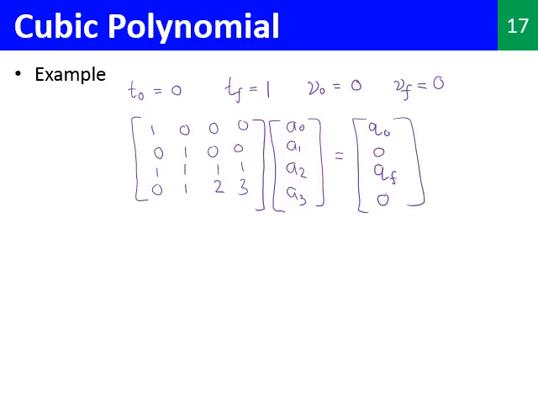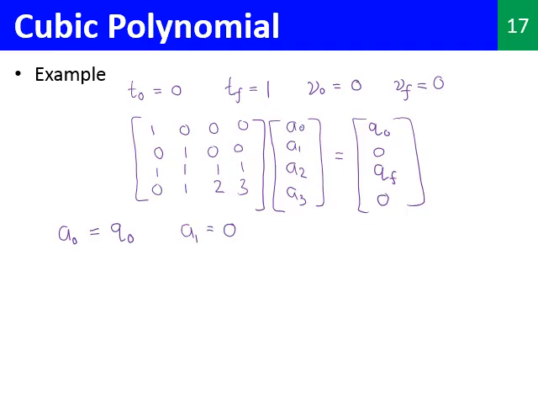Now in this case there is no need to find the inverse of the M matrix, and it is straightforward to find all these coefficients. So we see that a0 is equal to q0, right? And next we have a1 is equal to 0, right?